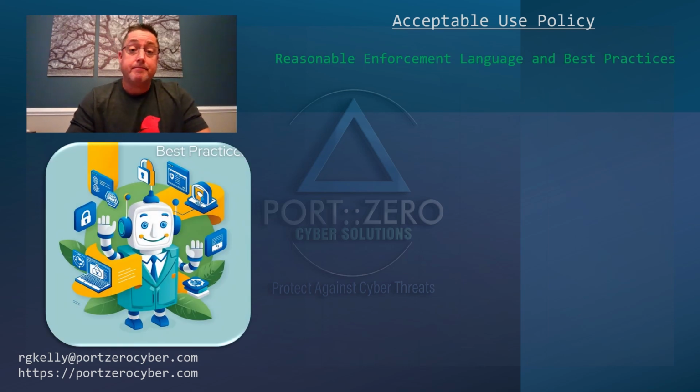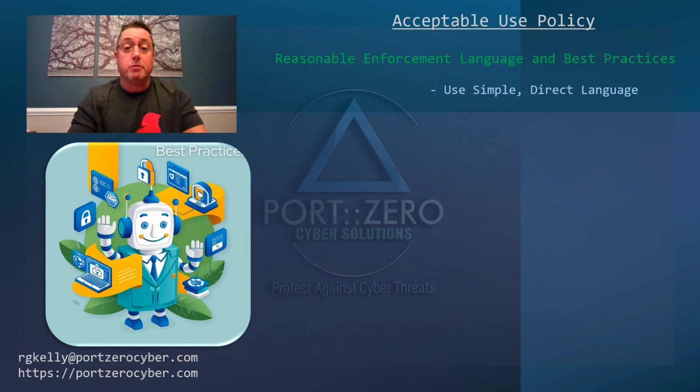Task 3: reasonable enforcement language and best practices. Once your acceptable use policy is drafted, the next step is to ensure it's enforceable with clear, fair language. Here are some best practices. Use simple, direct language. Avoid legal jargon or technical terms that may confuse employees.